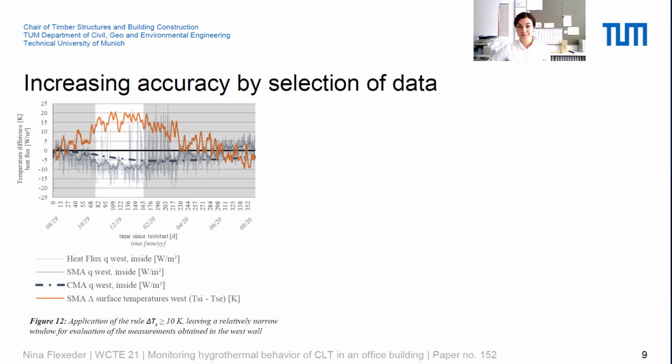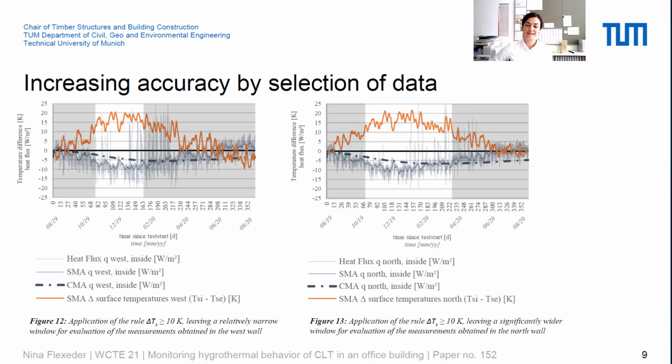So most of the year, that's not really the case. Whereas in the northern wall, which you can see here on the right, that time span that is available for evaluation is quite bigger.